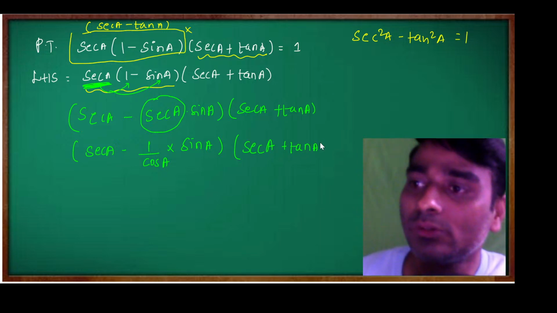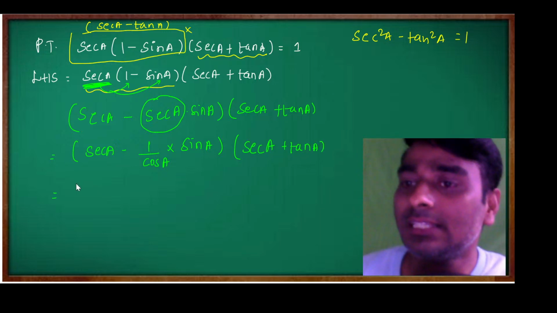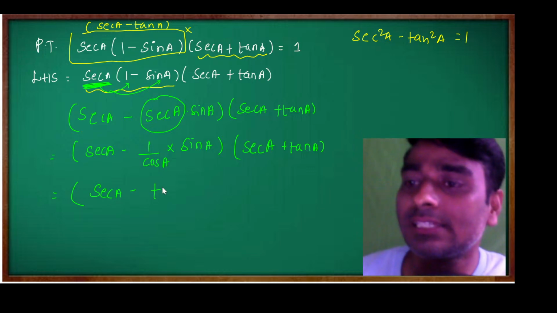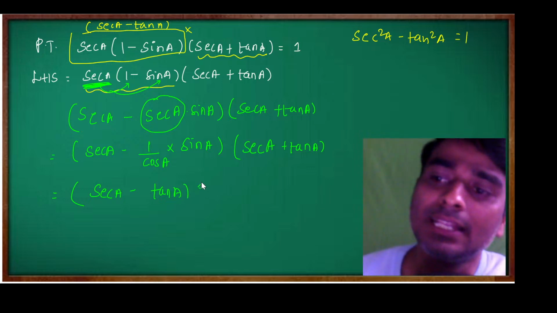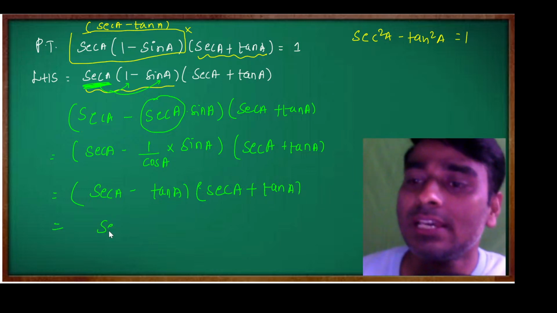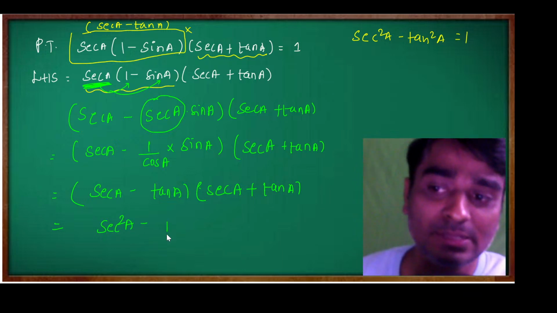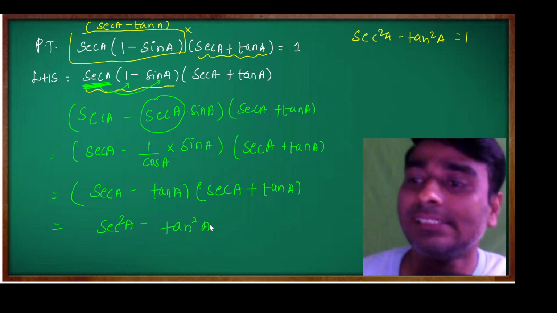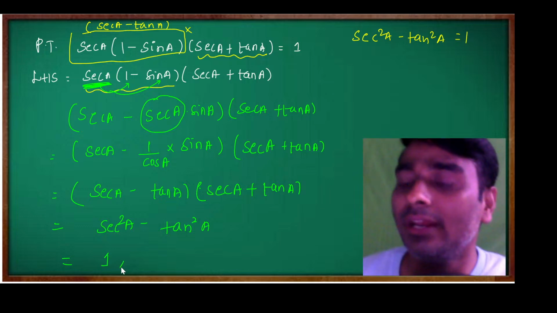Correct. So now what will happen here? This is secant A minus, what is sin by cos, tan A, then this is secant A plus tan A. Very simple. So total, A minus B into A plus B formula, A square minus B square, which is nothing but 1.